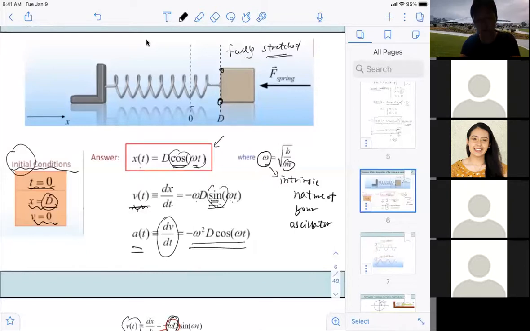So at that point, your velocity is 0. So whenever position is the biggest, the velocity is 0. Whenever velocity is the biggest, that's where you're in the middle, then the position is 0, meaning the spring is not being stretched at that point.